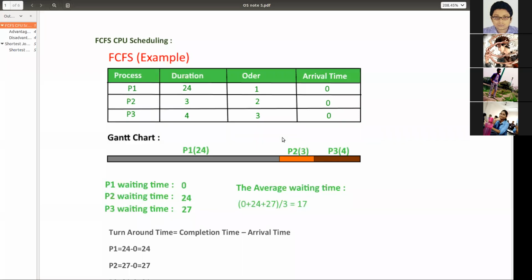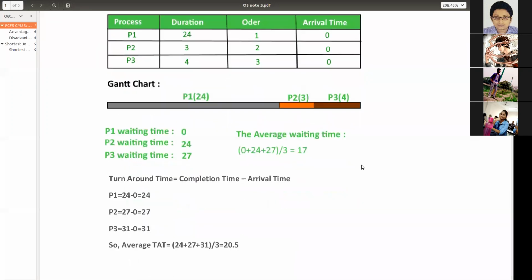Next P2, its burst time is 3, so 24 plus 3, that is 27. And then P3, its burst time is 4, so 27 plus 4, that is 31. So we will ultimately reach 31 at the end of P3.